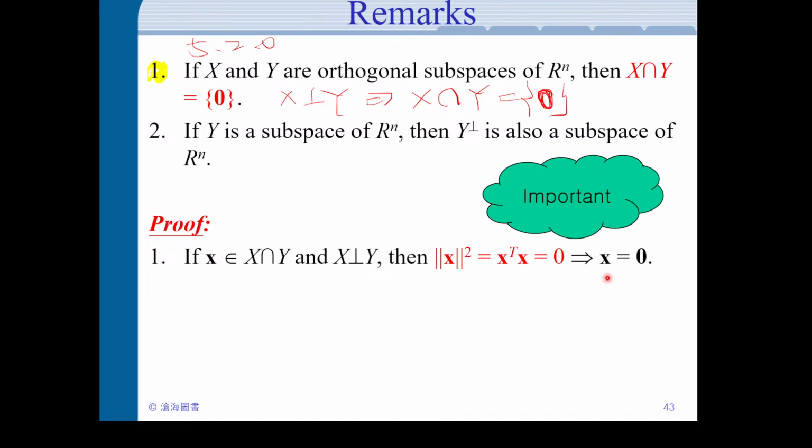We think of the first x as being in X, and the second x as being in Y. But everything in X and everything in Y must have inner product 0. So x inner product with itself must be 0, so the length of x must be 0, and the only vector with length 0 is the zero vector. That's a proof of this very nice Lemma 5.2.0.